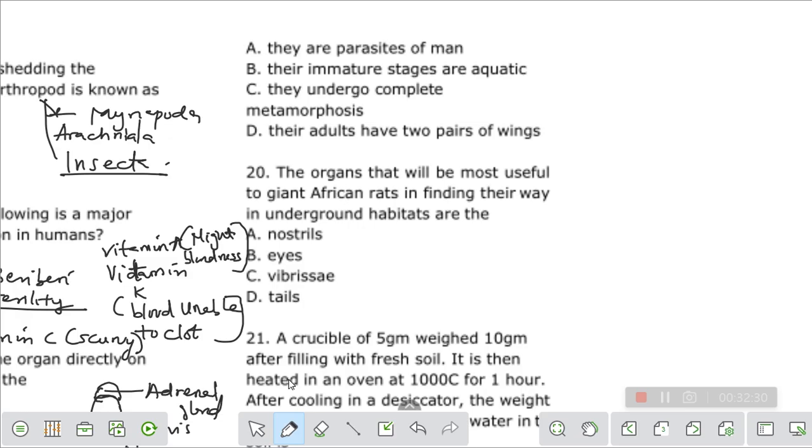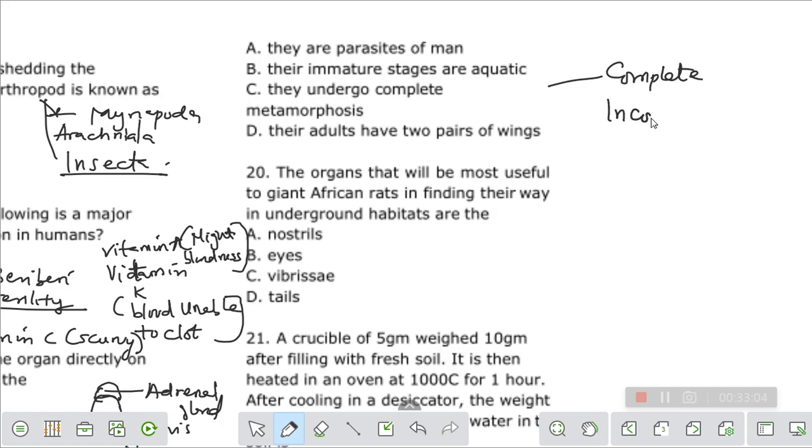We have two different types of metamorphosis: the complete metamorphosis and the incomplete metamorphosis. We have various insects that exhibit these.